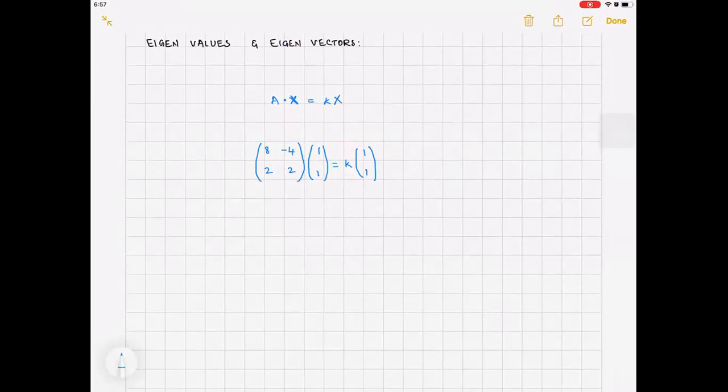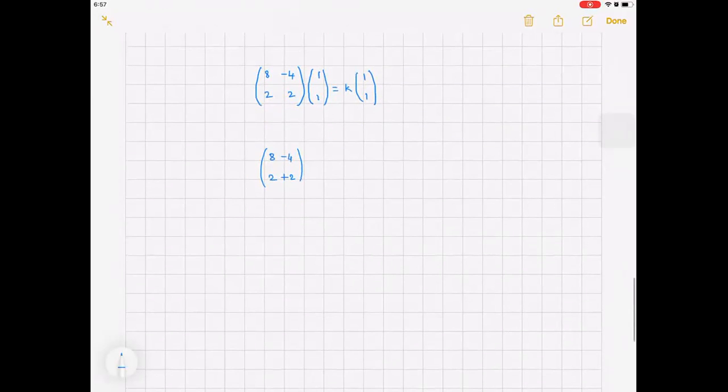So I get 8 minus 4, 2 plus 2, 4 and 4. This is nothing but 4 times 1, 1. So here the value of K is 4.